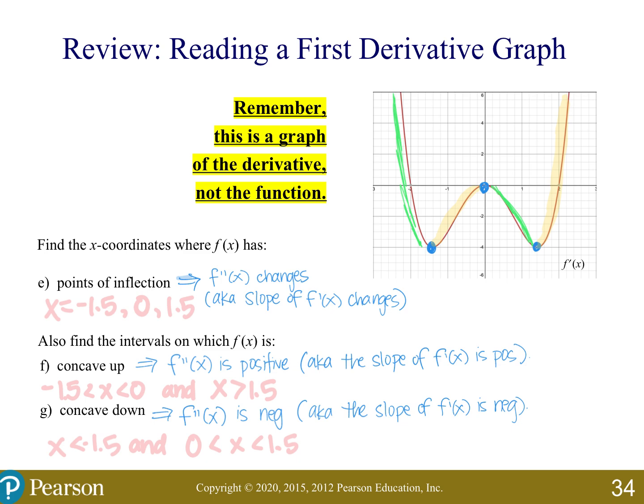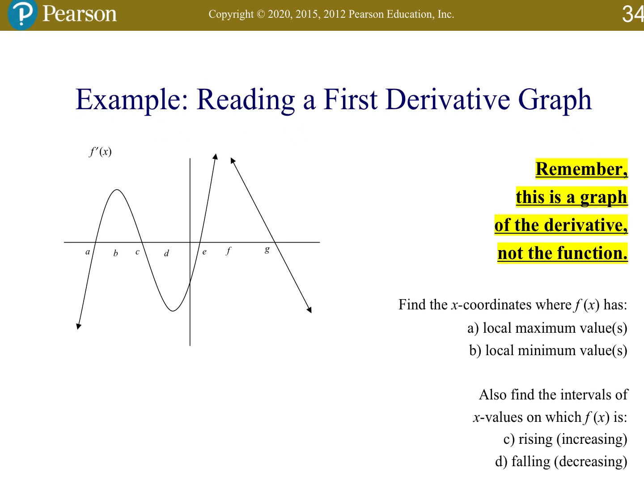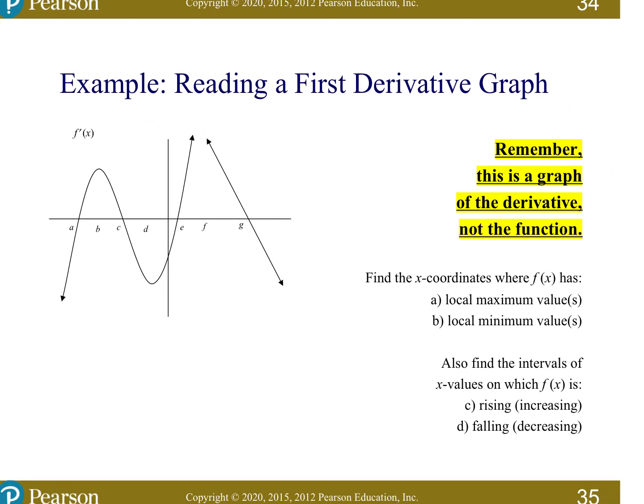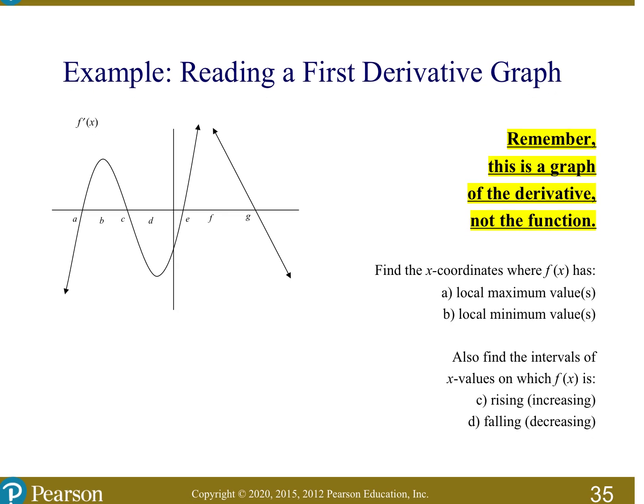All right, we're going to try that one last time. This one is a discontinuous graph, but the definitions still hold. Okay, the definitions still hold. All right, let's find the x-coordinates where we have a local max.